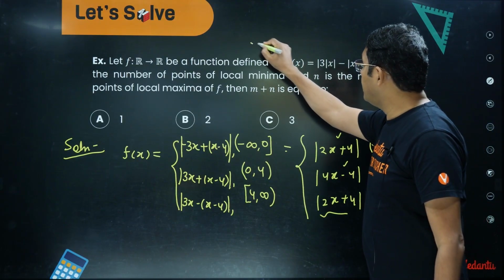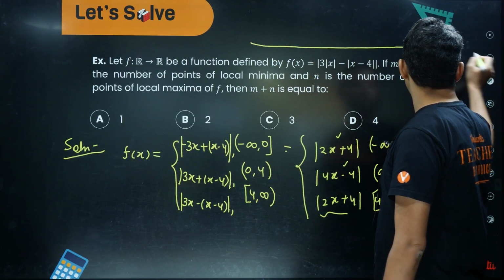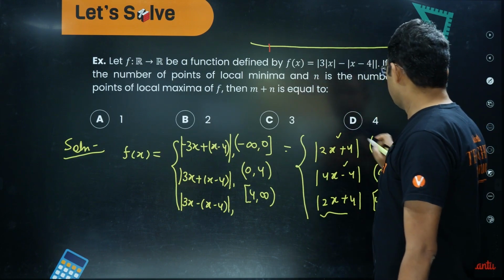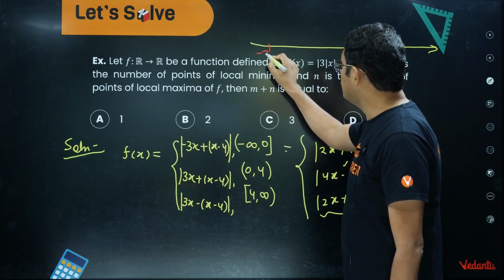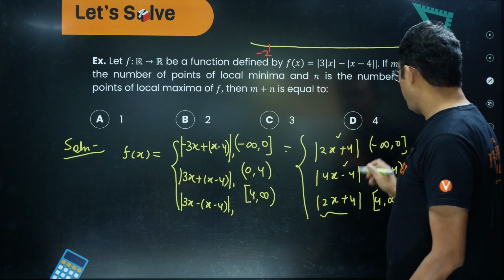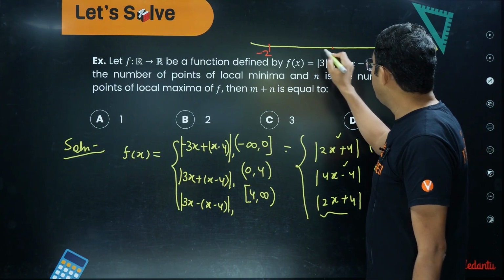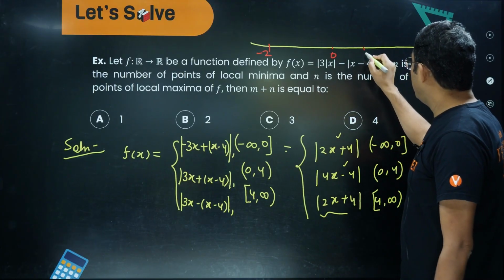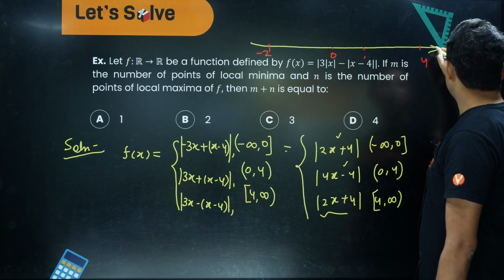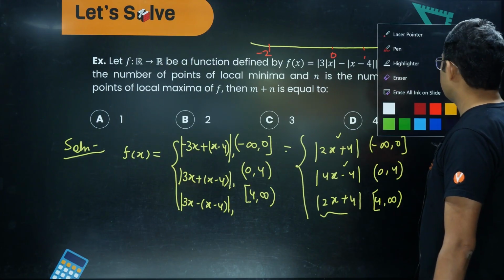So if I draw the graph, because with a graph it will be much easier to look at how it is going to behave. If I start with this point, minus 2 from this interval, minus 2 is the point where this will have a corner point, and then let me call 0, and then 1, and then 4. So this is how the important points are for this graph.